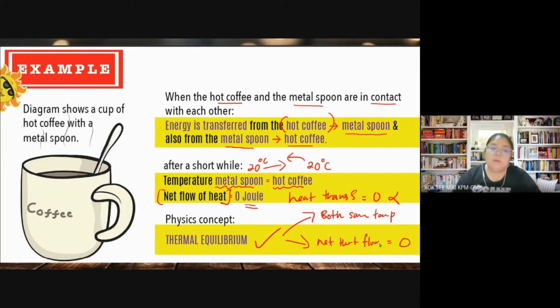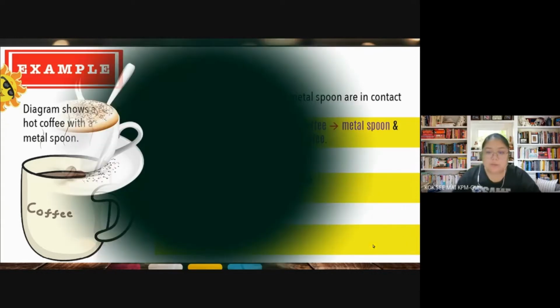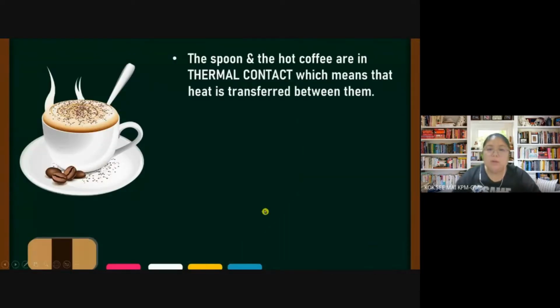Now we continue with thermal equilibrium. The spoon and the hot coffee are in thermal contact. First it must be contact, which means heat is transferred between each other.